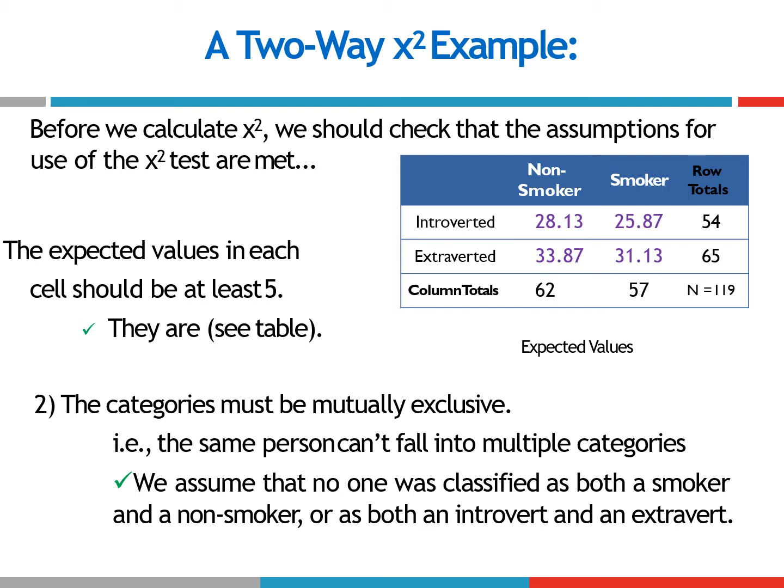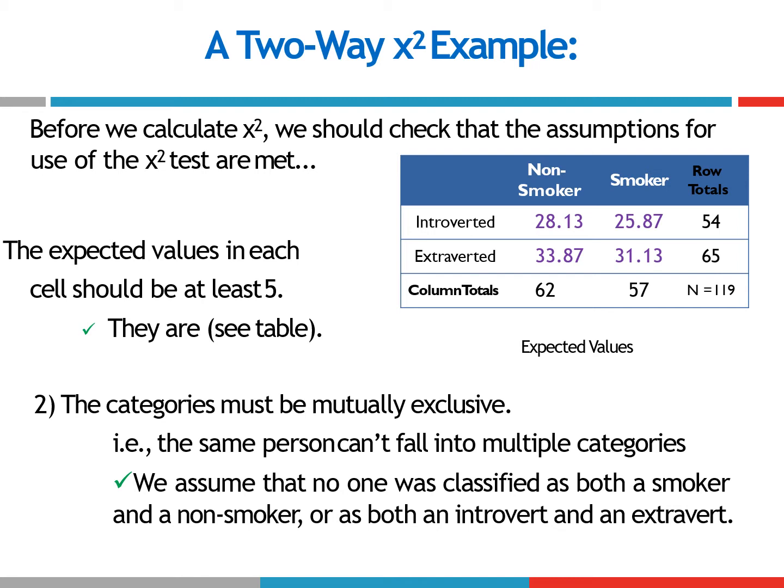But before we calculate chi-square, we should check that all of the assumptions of the chi-square test are satisfied. The first, kind of arbitrary, rule is that the expected values in each of our 4 cells should be at least 5, which they are. And also, most importantly, the categories should be mutually exclusive.